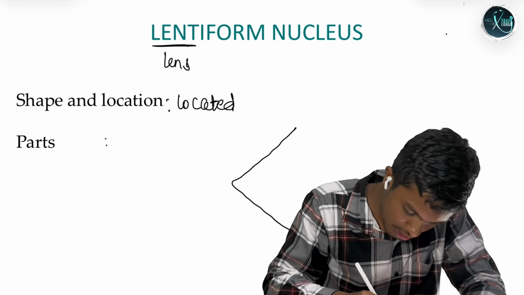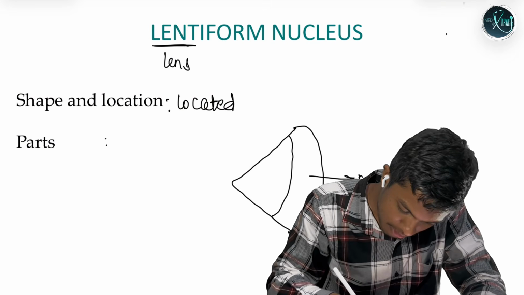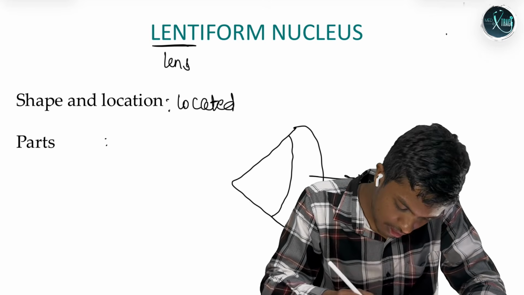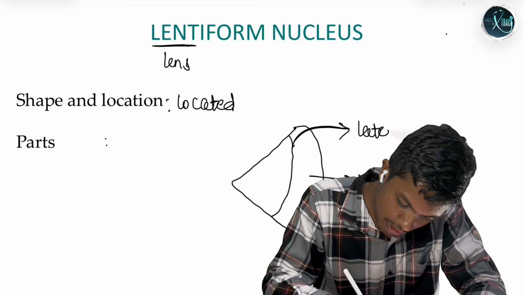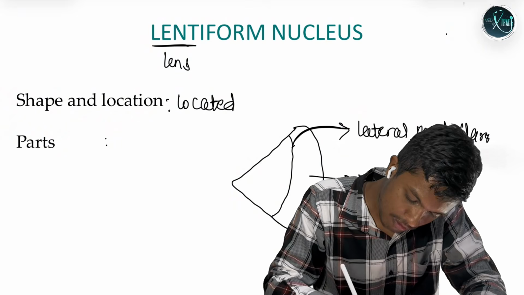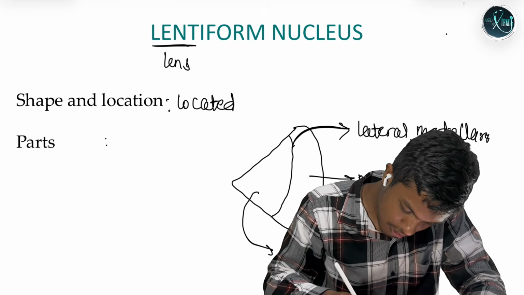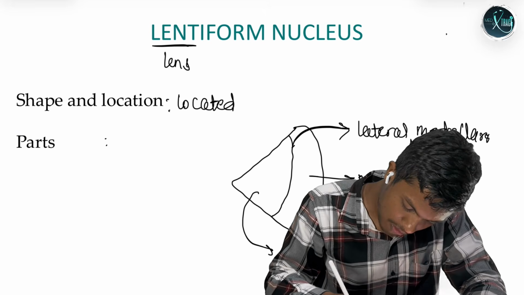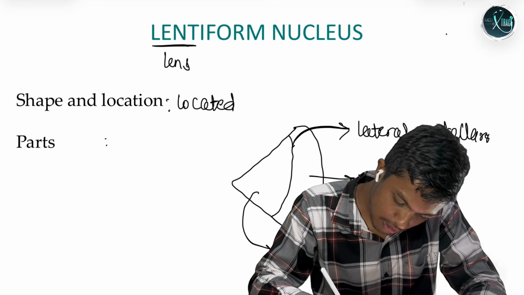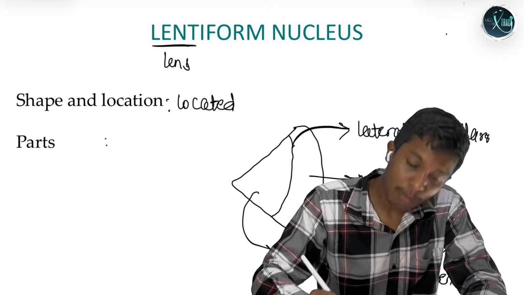Parts of the lentiform nucleus include, laterally, the putamen, separated from the globus pallidus by the lateral medullary lamina. Then the globus pallidus is divided into two parts, the external segment and the internal segment, by the medial medullary lamina.